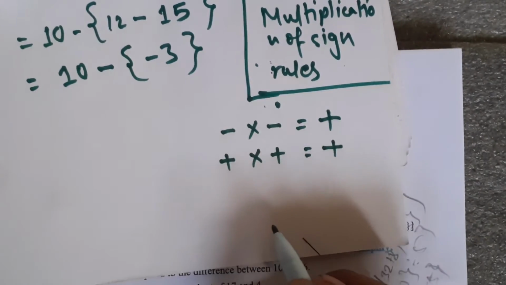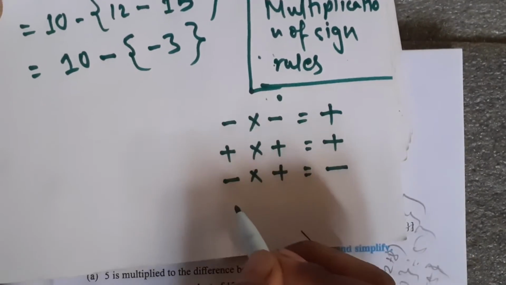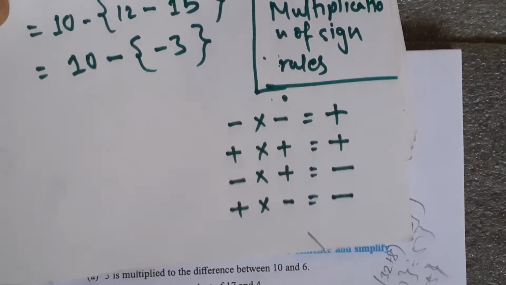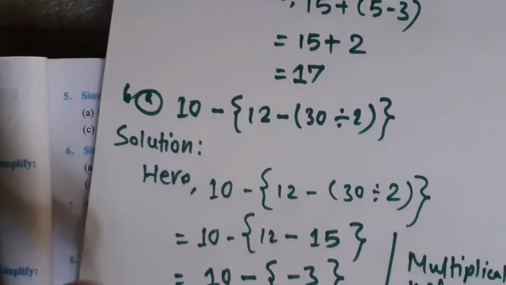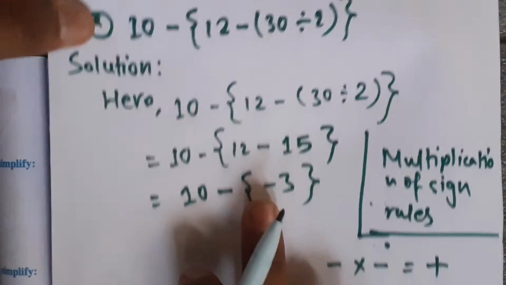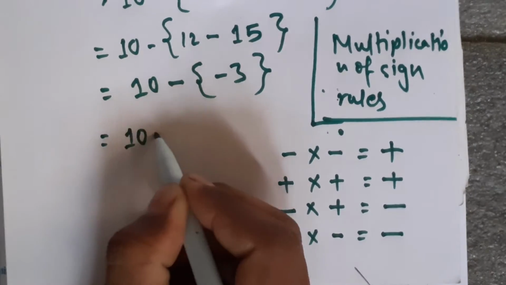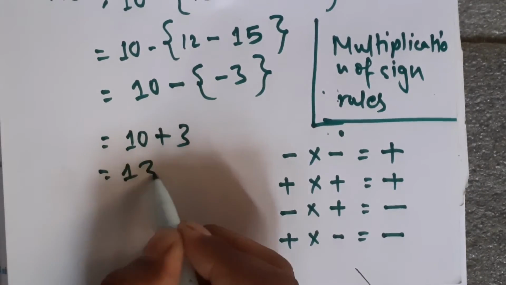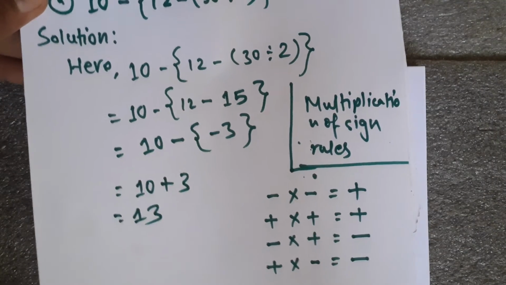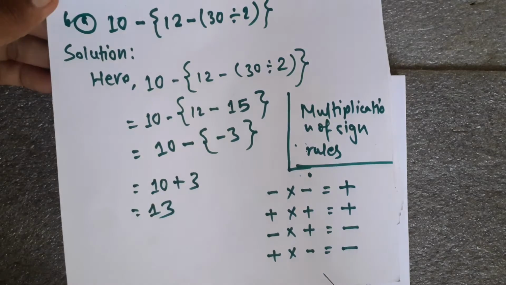If you multiply minus and plus, it will become minus, and if you multiply plus and minus, it will become minus. This is the multiplication rule of signs. Now here is minus and minus. Minus and minus will be plus, so it equals 10 plus 3. Our answer is 13. By following the same method, you can do the remaining exercise. This is 6A.